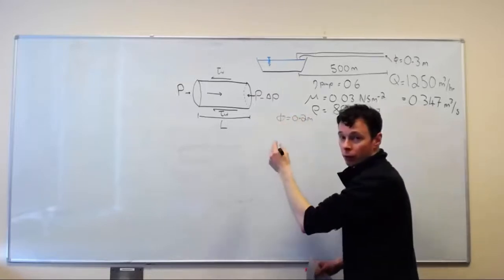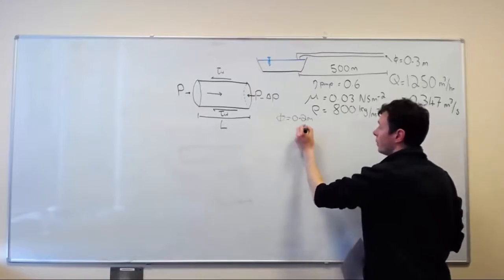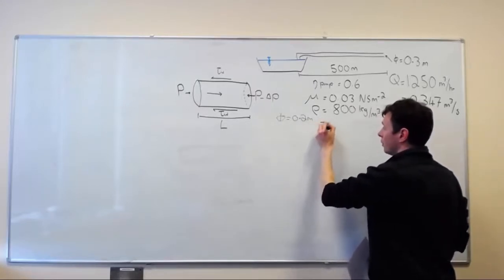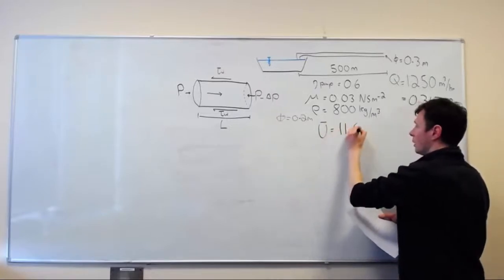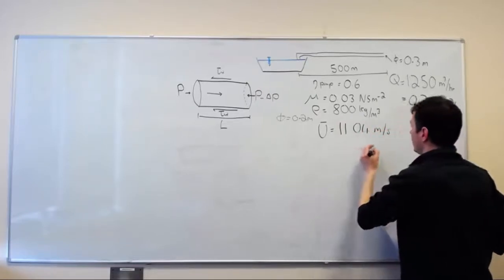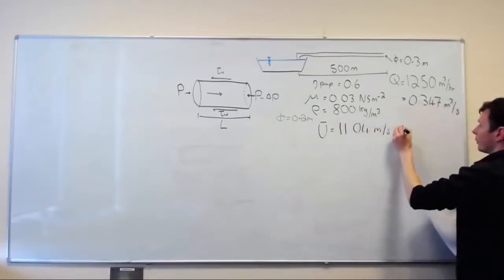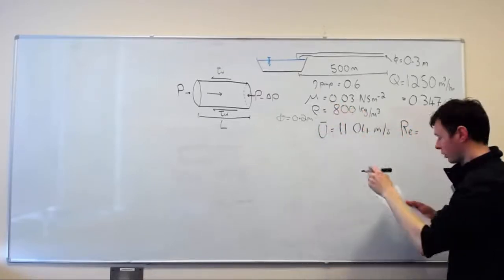So we recalculate U, which is the volumetric flow rate divided by the area, Q over A. The new U can work out to be 11.04 meters per second, which means the new Reynolds number. Again, everything else is the same, density, viscosity.